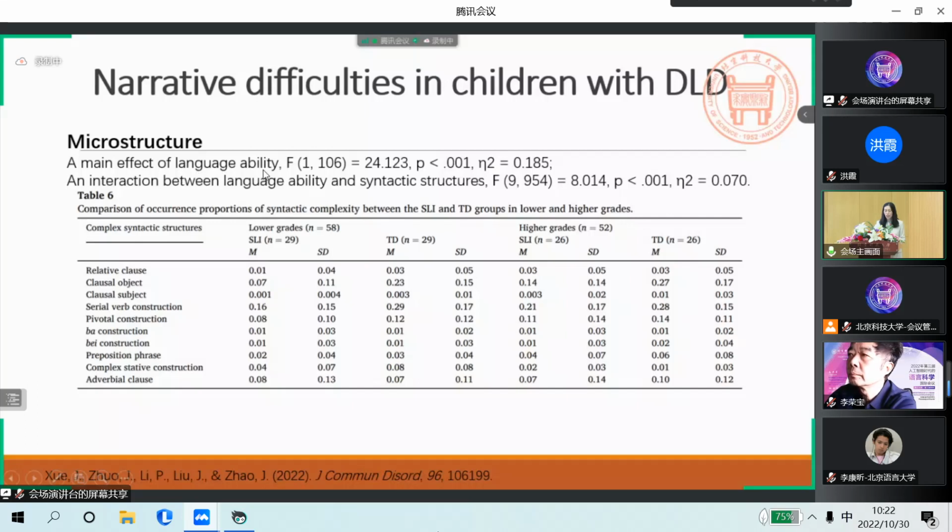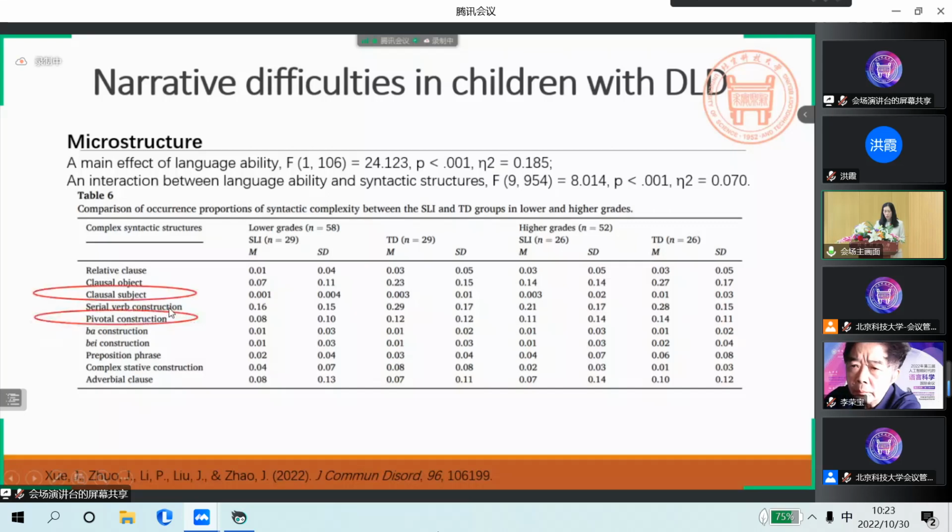That means TD and DLD children differ greatly on the complex syntax structures, and there is an interaction between grade and language group. That means syntactic structures are impaired in DLD, and specifically the simple effect analysis showed that DLD children fell short of the TD children.